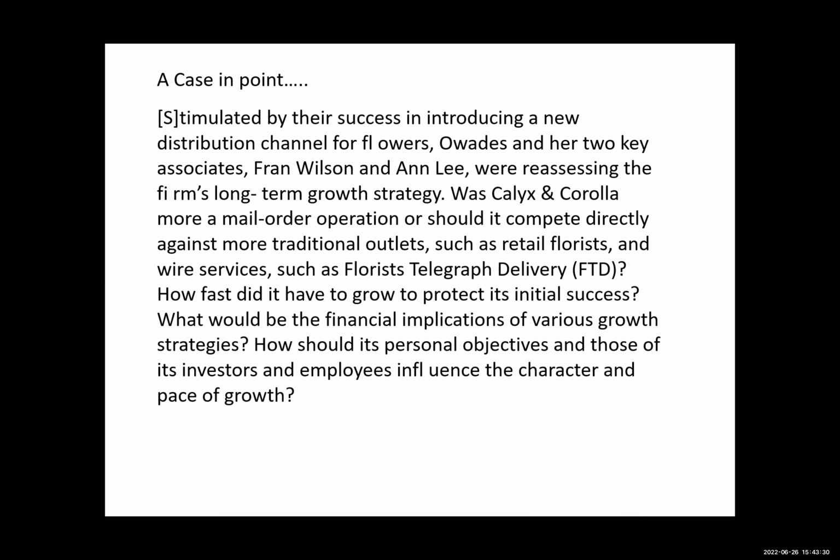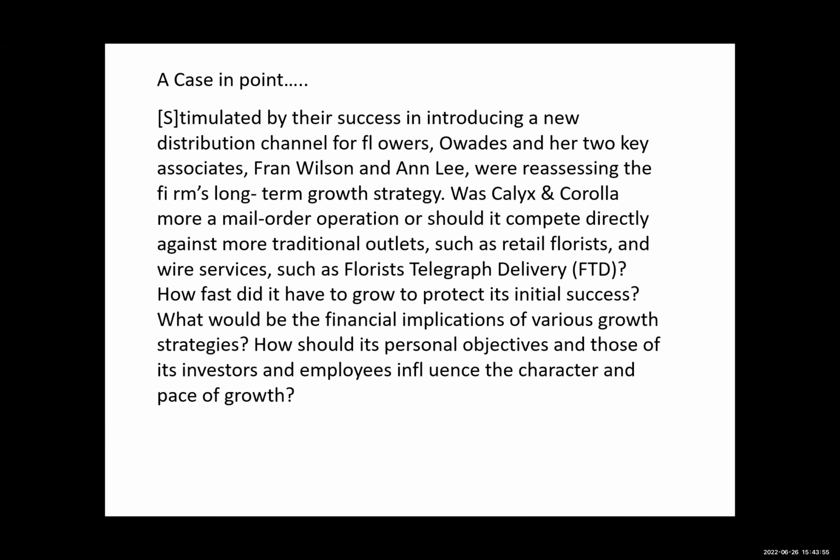How fast? To protect its initial success. So initially, they were only a mail order operation, looks like. I'm not sure. So what is it that they are evaluating? This is the point they are evaluating.